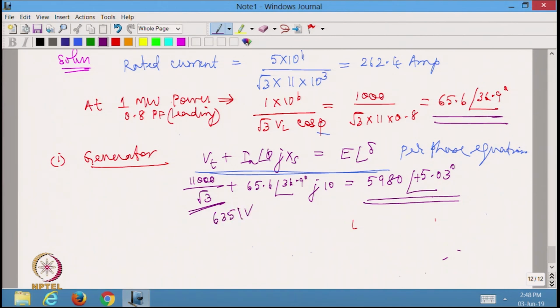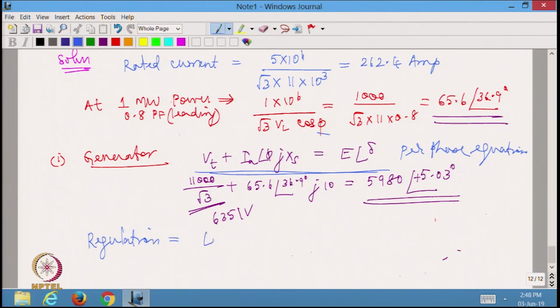So, under this condition I can calculate regulation, although this is not asked, I am just calculating it. Regulation is, what is the open circuit voltage minus the load voltage, rather the other way around, load voltage minus open circuit voltage, right.